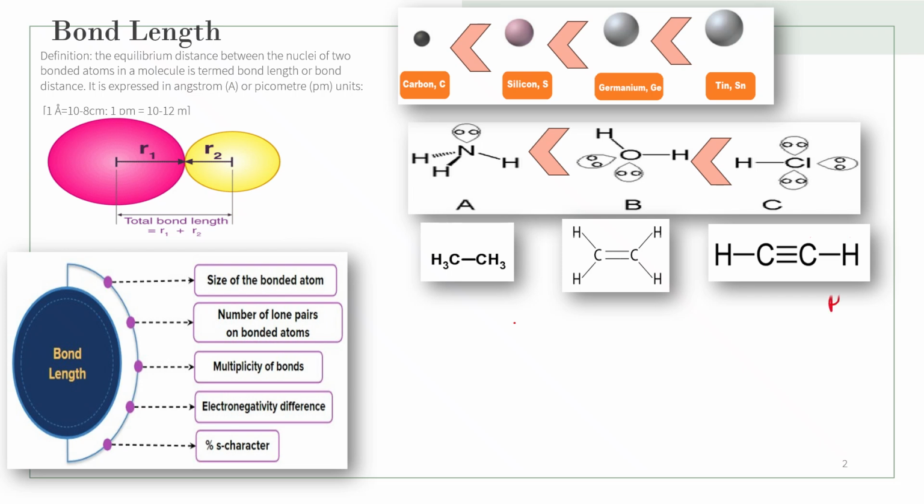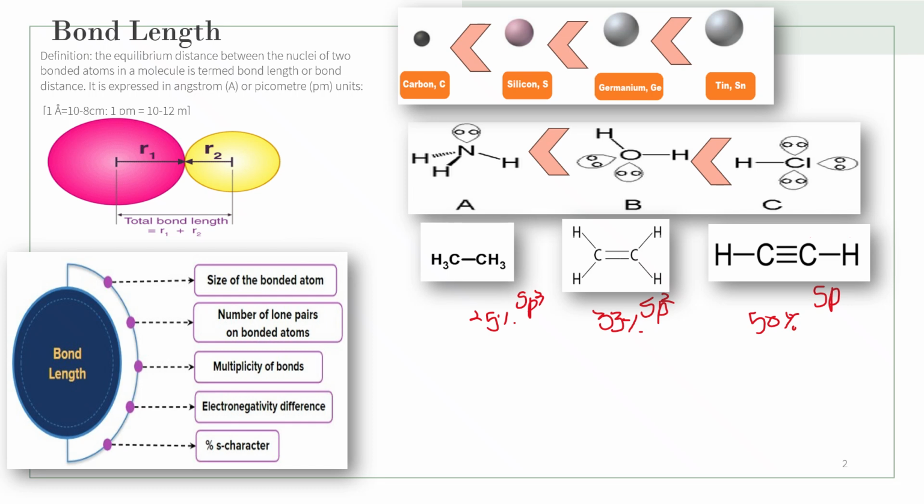And see the hybridization. Alkyne shows sp hybridization and the percentage of S character is 50%. In alkene, it shows sp2 hybridization and the percentage of S character is 33.3%. In alkane, it shows sp3 hybridization and the percentage of S character is 25%. So here three factors to remember: multiplicity, percentage of S character, and electron density.